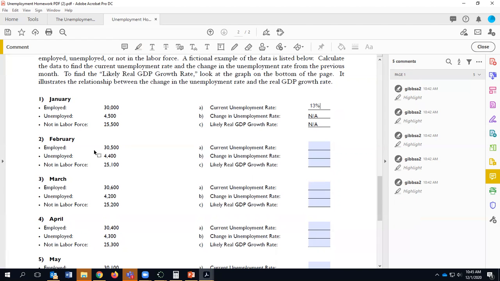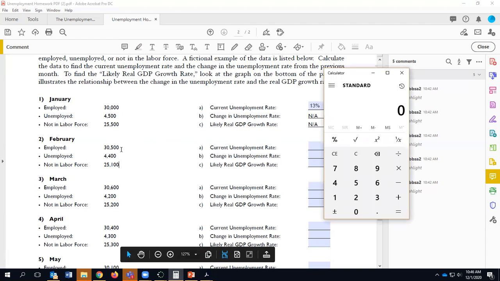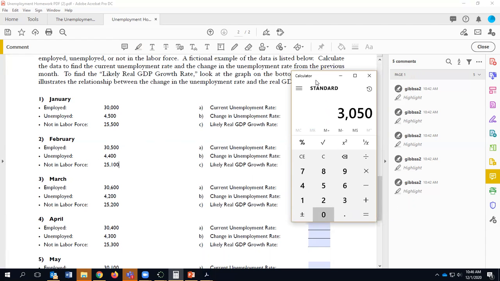And then we're going down to February. So this is January and February. So we had some people find jobs. Remember, we're not counting the not in labor force because they're not looking for a job. So our employed is 30,500 plus our unemployed, we get our bottom number is 34,900.